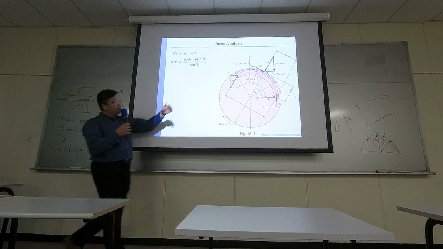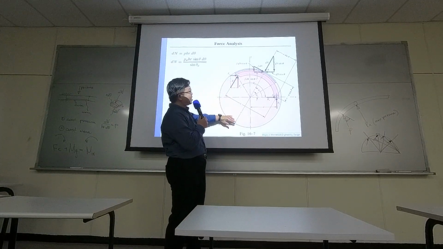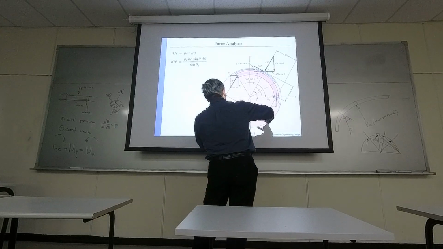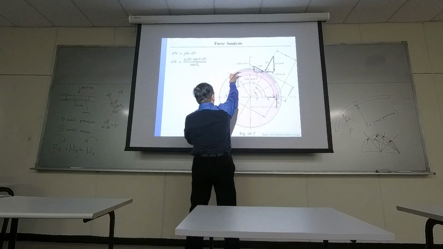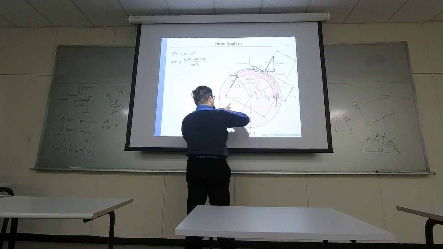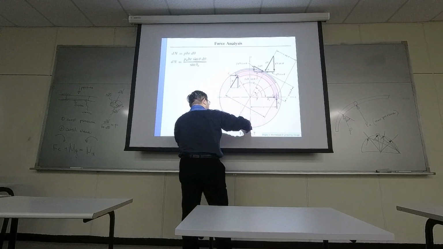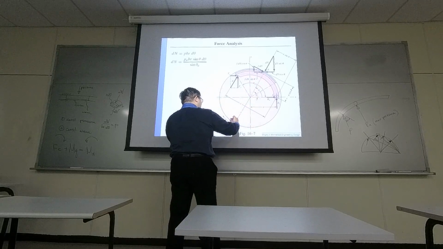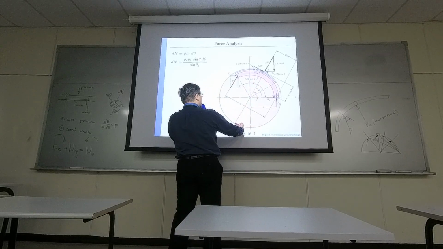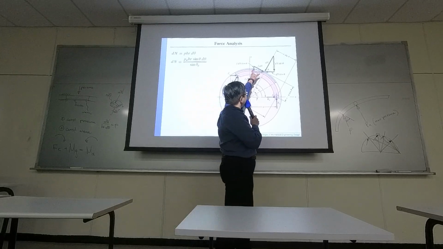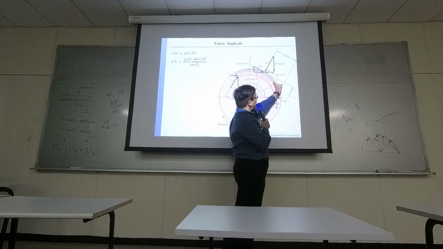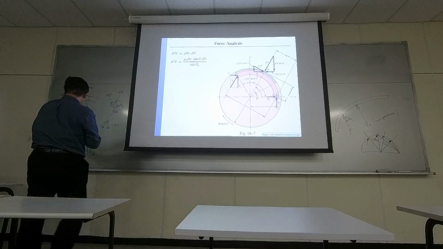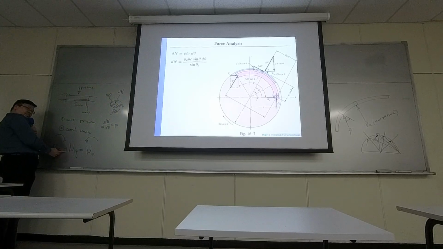But when you mirror this whole thing to the other side, and your friction force is still going clockwise, then when you mirror to here, the friction force is actually on the opposite side. So it's actually giving you a negative sign right here.